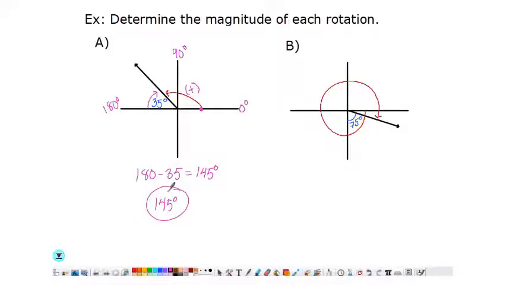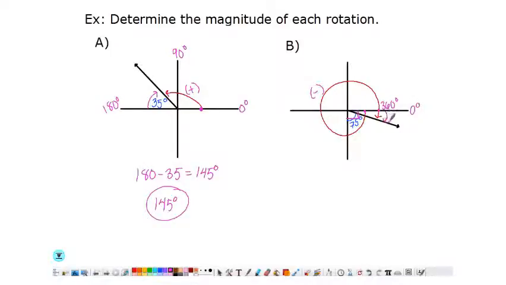Okay. Over here, you always want to first look at your direction. If we are starting here and moving along the red line, there's our 0-degree mark, that means we are going in a clockwise rotation, which is a negative rotation. We go all the way around one time, so there's our 360 mark. And then down here, we know that there's a 90-degree angle, but we are not going through the 75-degree angle. So there's 75 degrees left in that quarter of the circle after we've gone past our 0 mark.